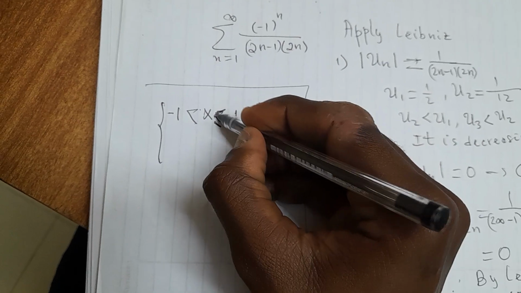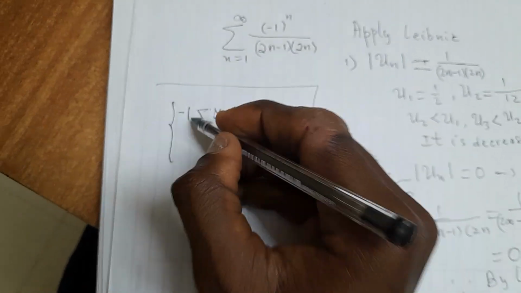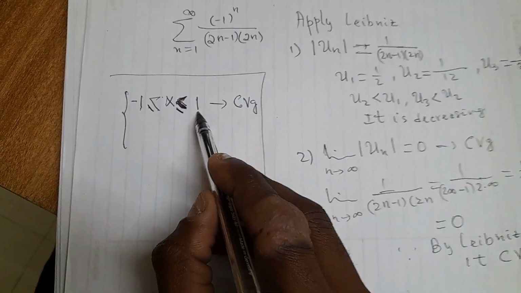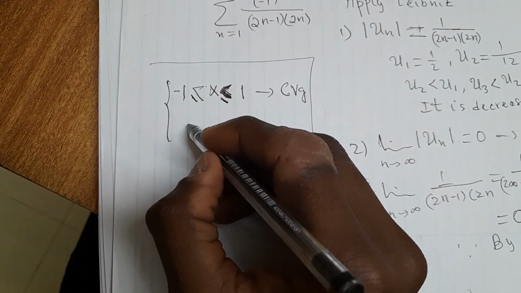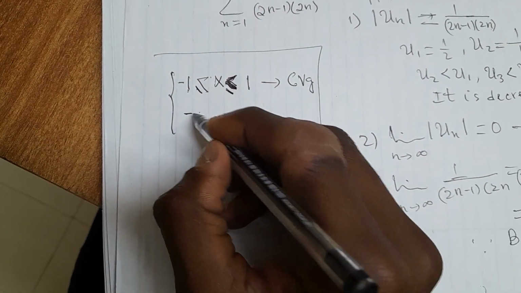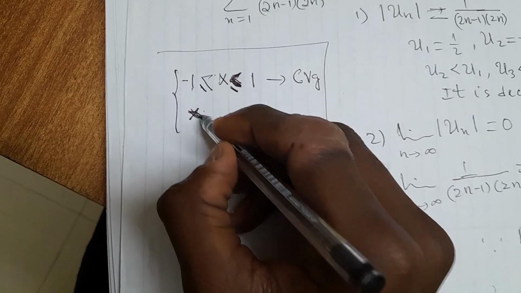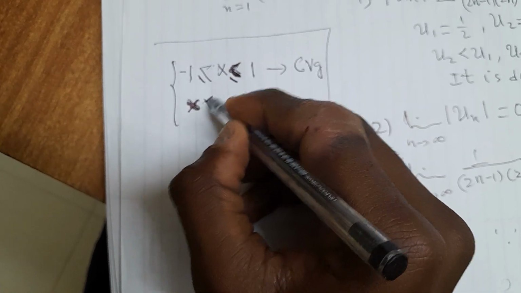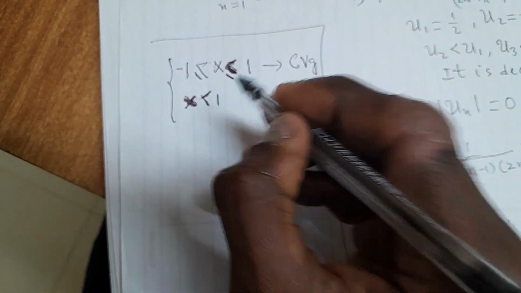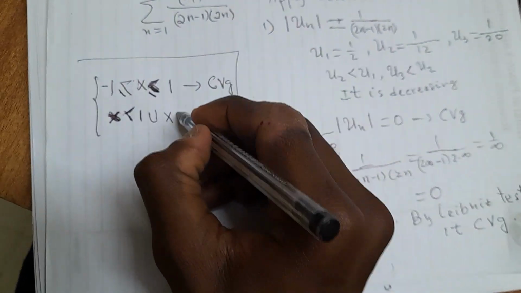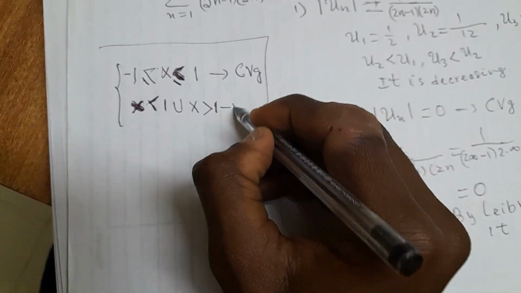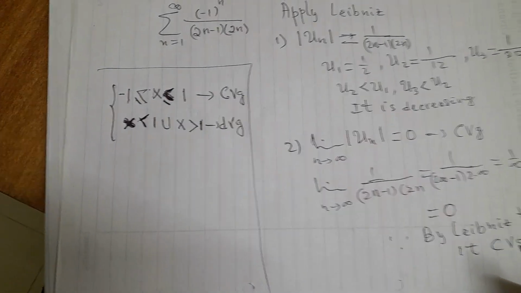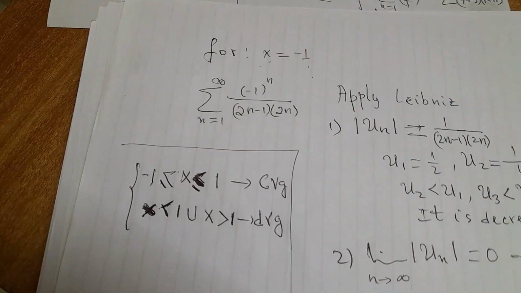It means that the interval of convergence is between minus 1 and 1. And the interval of divergence is when x is less than minus 1 and when x is greater than 1. This is the divergence interval. Okay, thank you. Hope you can understand something.